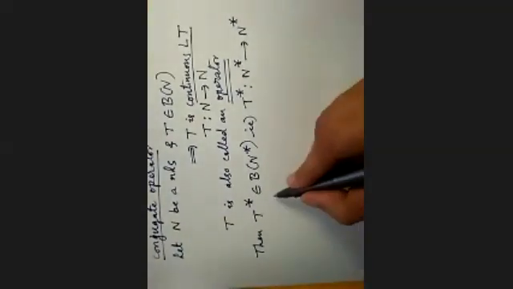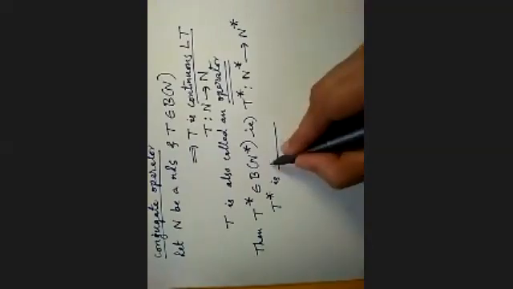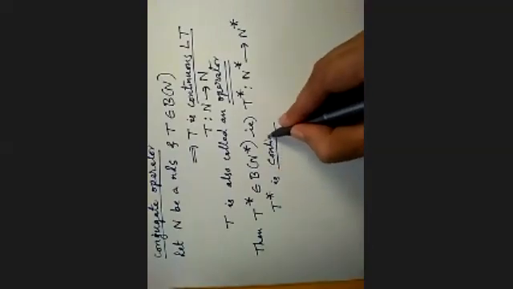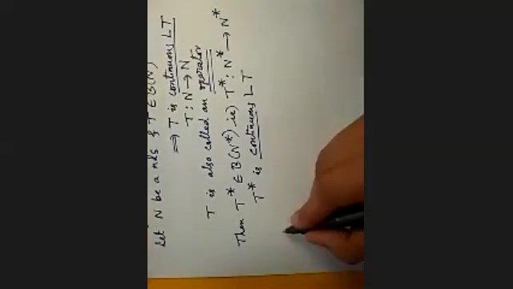and T star is a continuous linear transformation. And how is this T star defined?